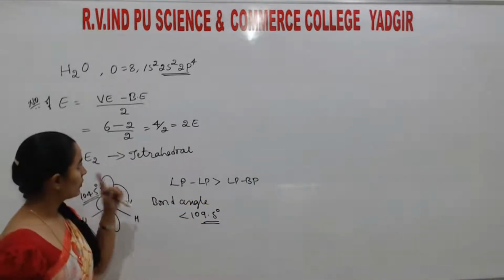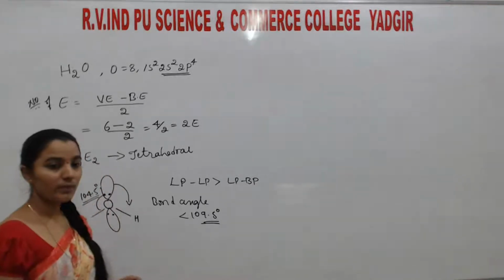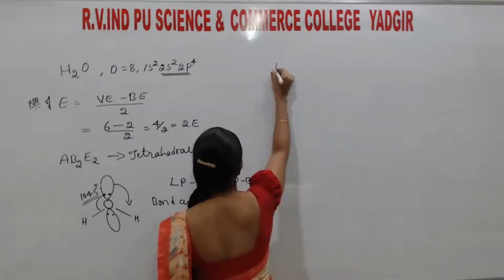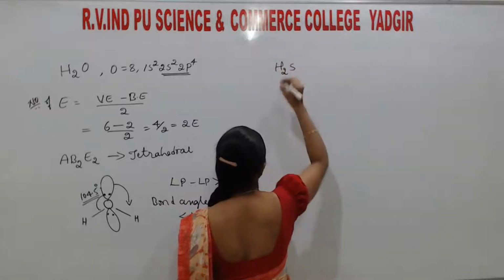Okay, so this is all about the AB2E2 type molecule.